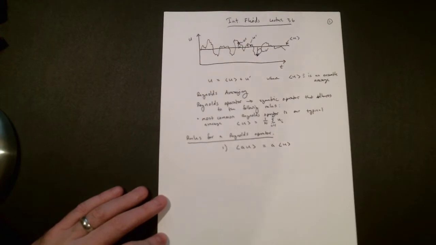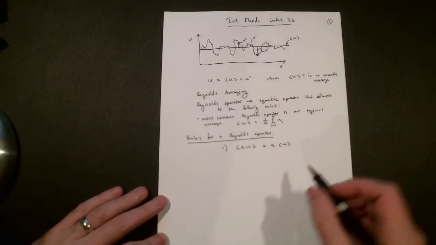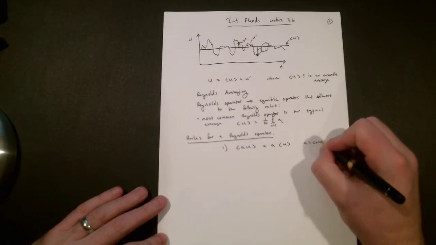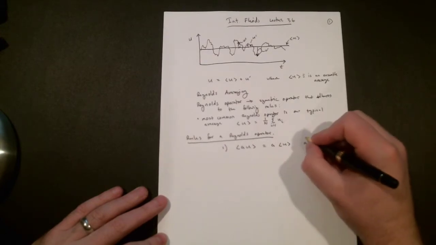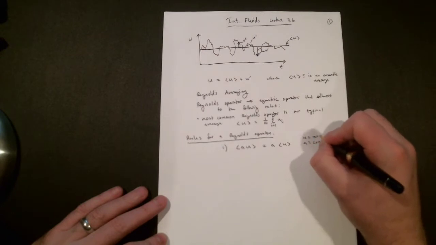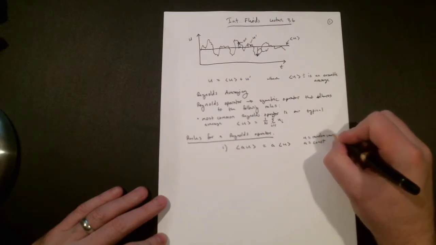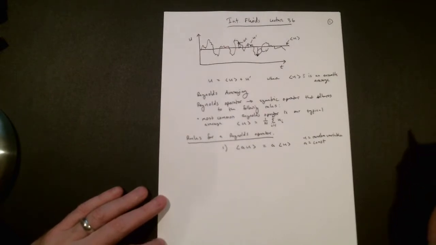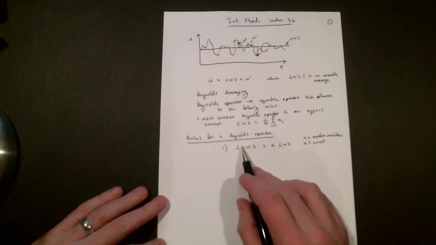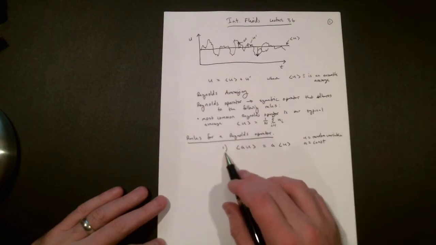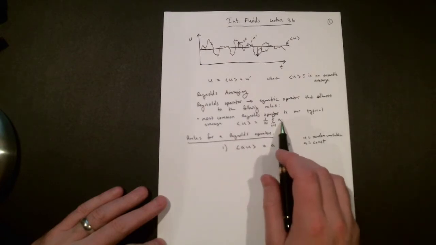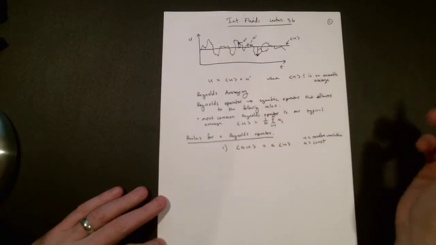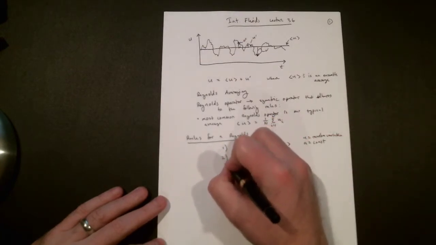So basically it commutes, we can move any constant, where a is a constant and u is our random variable. For us, that means the velocity field, but in general, it just means a random variable. For any constant multiplied by a random variable, we can move the constant outside of the Reynolds operator. And again, if you think of our sum, the 1 over n is a constant, we can move it in or out without any change.